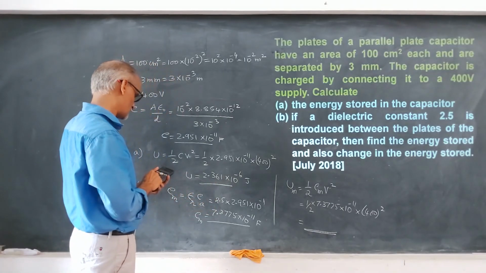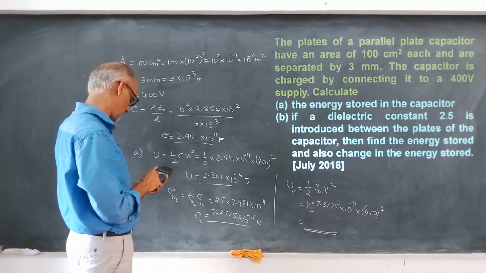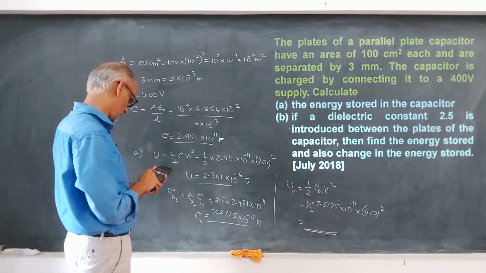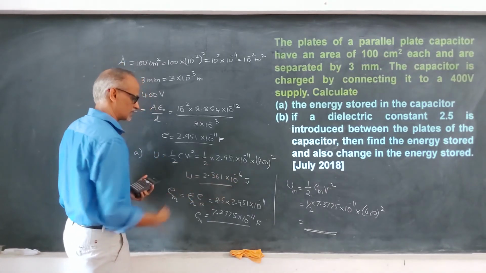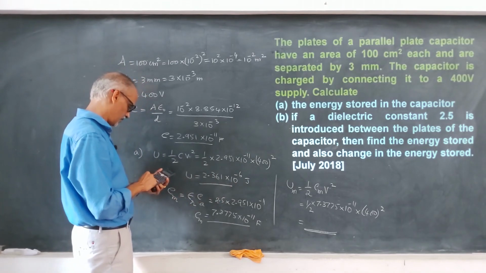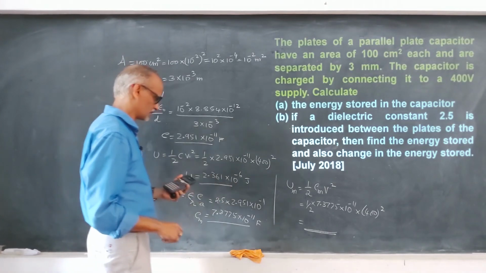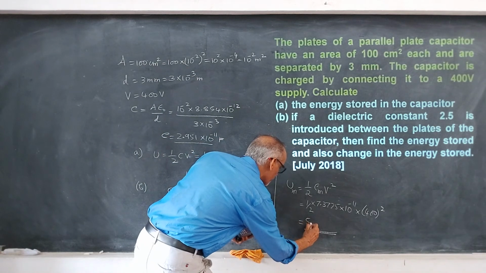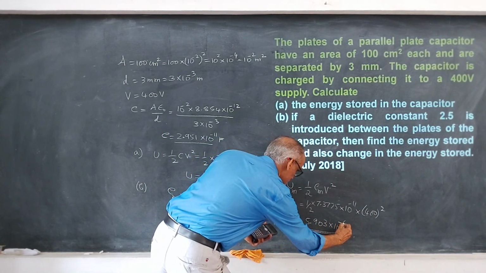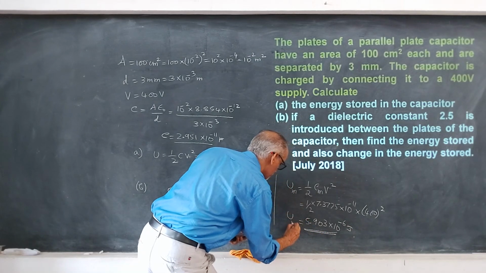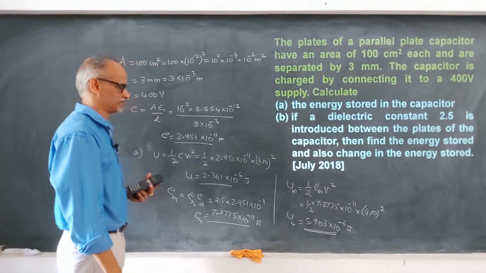That is 2.361 into 10 to the power minus 6, which was here. To this I can multiply by 2.5, where we will get that same answer, which is 5.903 into 10 to the power minus 6 joule. So, this is the new value of energy.